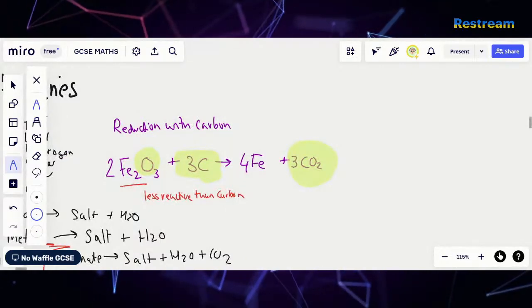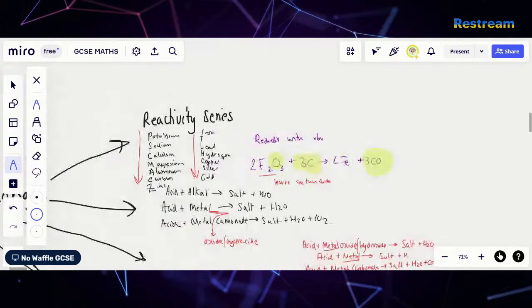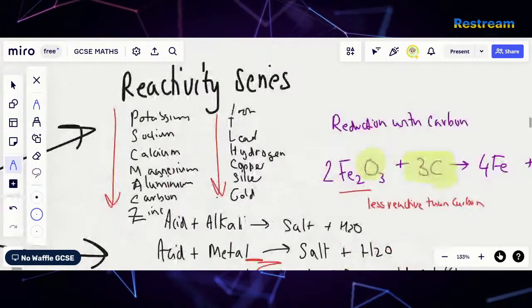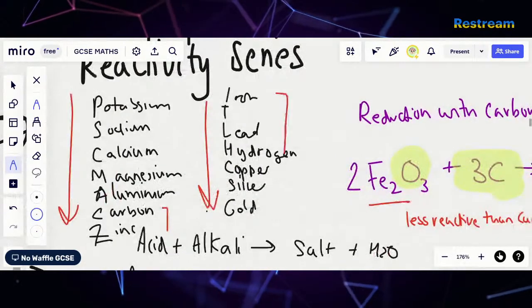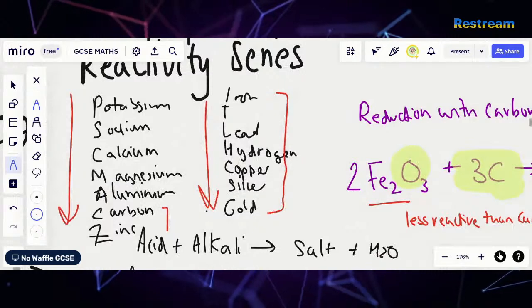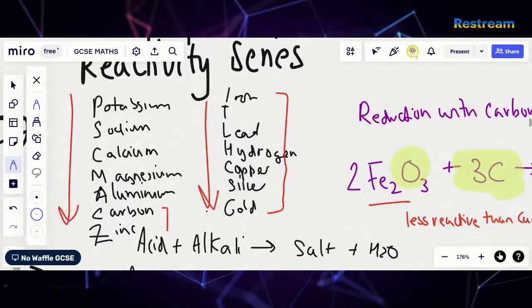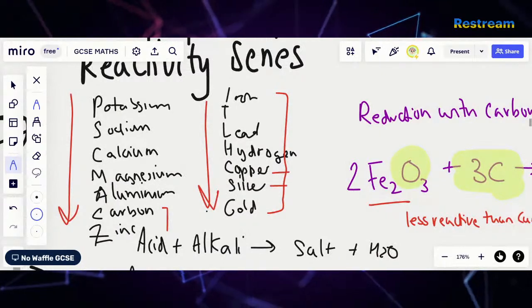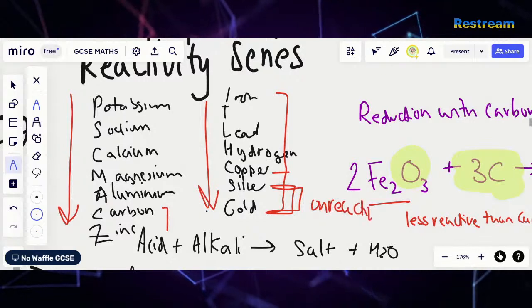That therefore means that not all metals can be reduced by carbon. Only the metals that sit below carbon, so zinc, iron, lead, hydrogen, copper, silver, gold, can be reduced via carbon. However, silver and gold are actually unreactive, so silver and gold won't even be able to be reduced, but the other ones would.